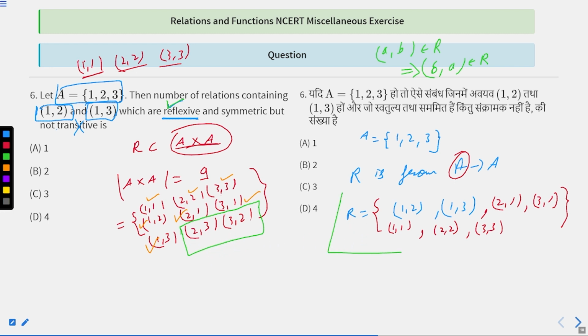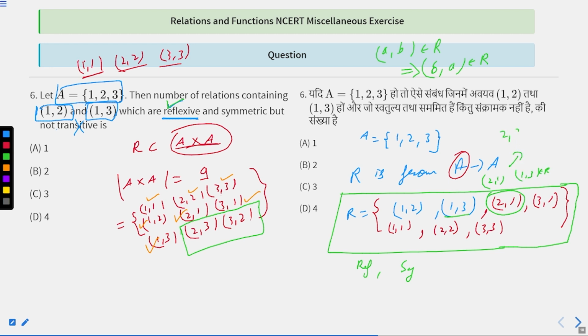So if I am taking this relation, it is reflexive, yes. It is symmetric, yes. Is it transitive? No. Why? Because if you pick the pair 2, 1, it belongs to R, and 1, 3 also belongs to R, but you can see that 2, 3 doesn't belong to R, so it is not transitive.